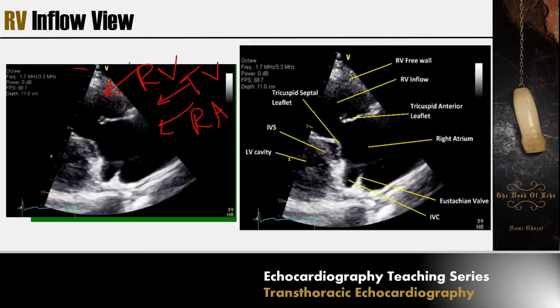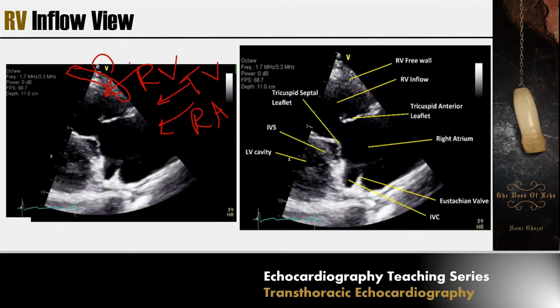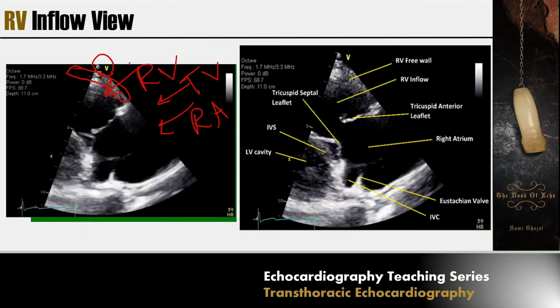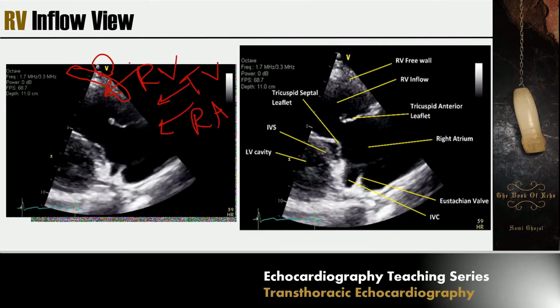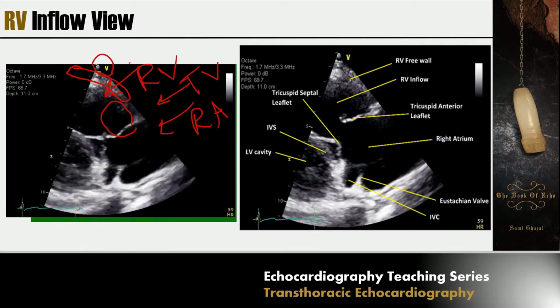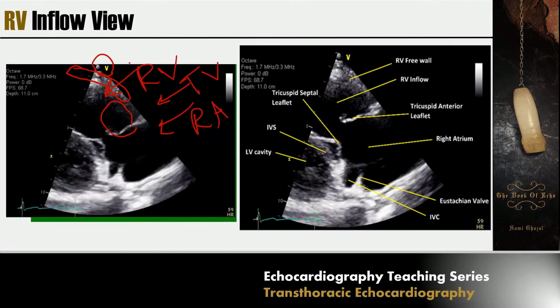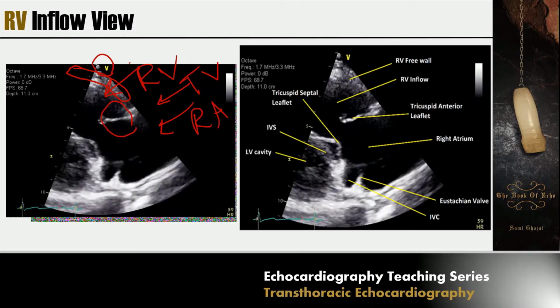This is the anterior wall of the RV near the index mark on the right of the screen. So this leaflet is always the anterior leaflet. So we know tricuspid valve has three leaflets, the anterior, septal, and posterior.